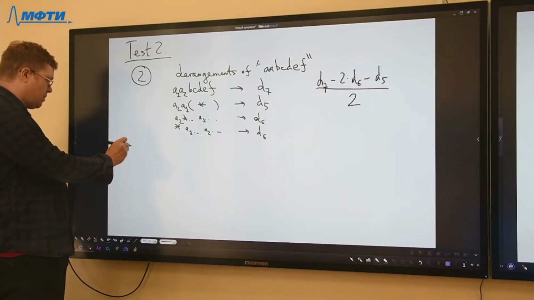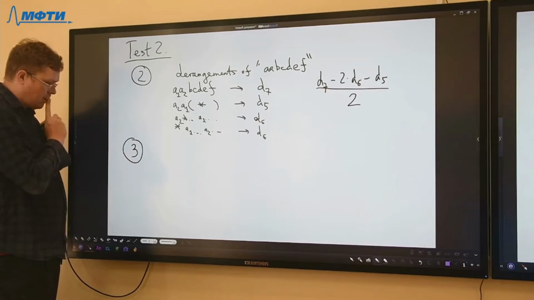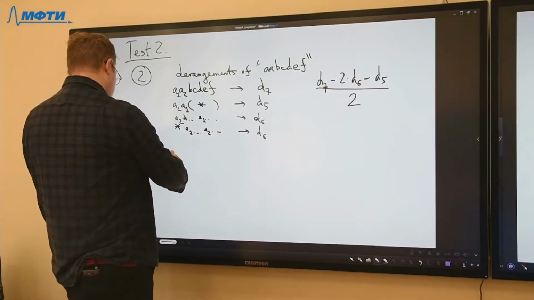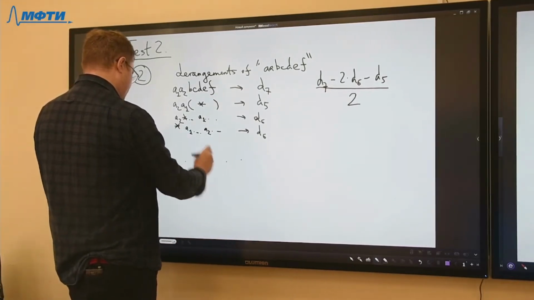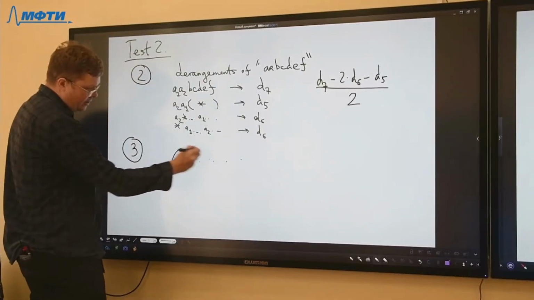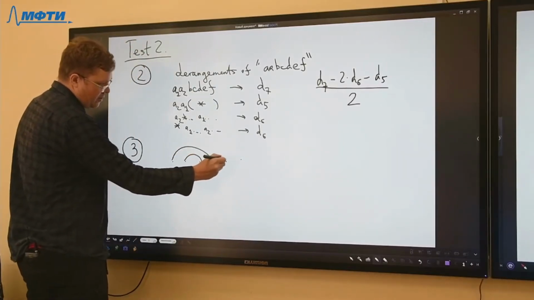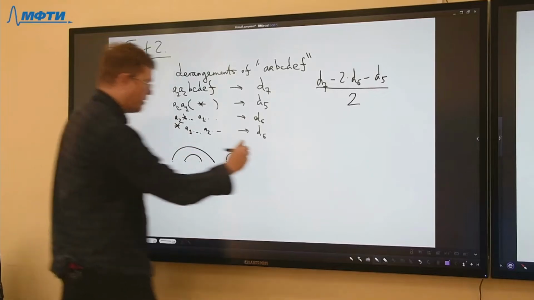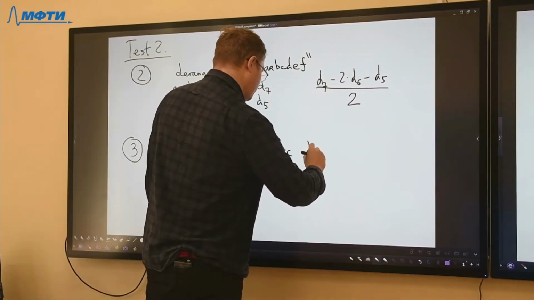Okay, and about the third task, the picture was something like this. So it's called an arc diagram.